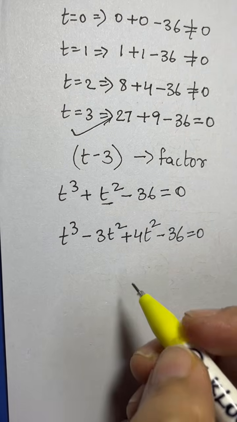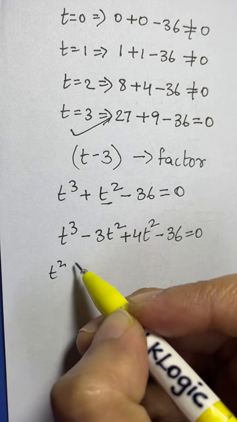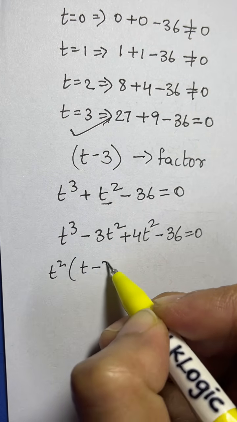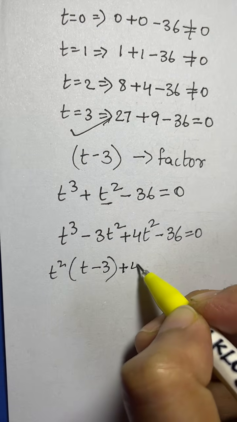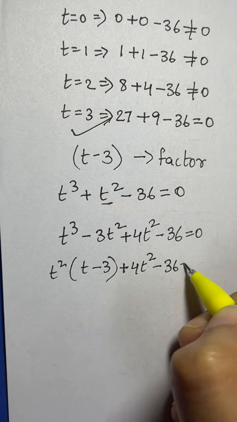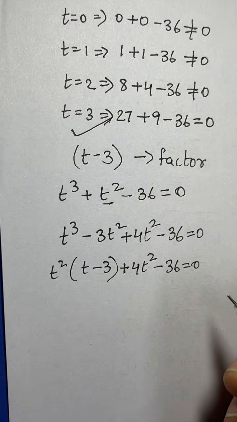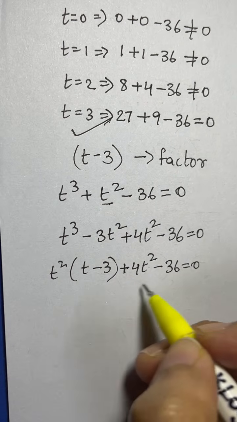Now what we can do, you can take out t square common from the first two, so you're left with t minus 3. And here you have plus 4t squared minus 36 equals 0. Now you have got t minus 3, but what about this side?